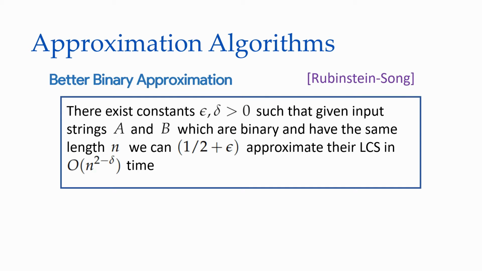However, it has two key limitations. First, it only applies to strings over an alphabet of size 2, and second, it requires the input strings to have equal length. So prior to our current work, this was the state of the art, and with this context set, I'm now ready to tell you how our new results take some steps in addressing these limitations.